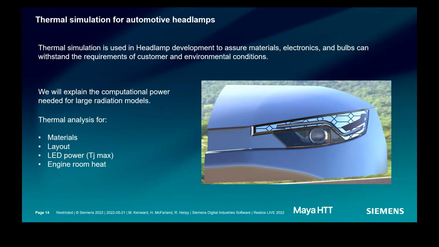Some of the things we'll use thermal analysis for are, like I said, to confirm different materials, maybe different layouts, electronic components, and then even simulating different engine room temperatures or external vehicle temperatures, whether it's cold weather or hot weather, different humidities, and so on and so forth.